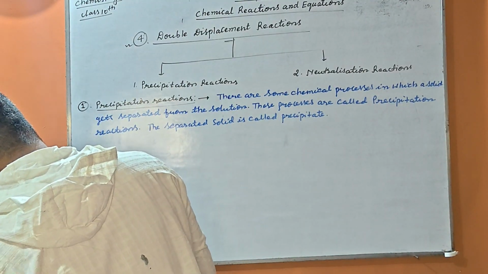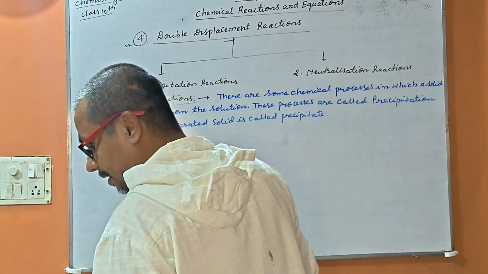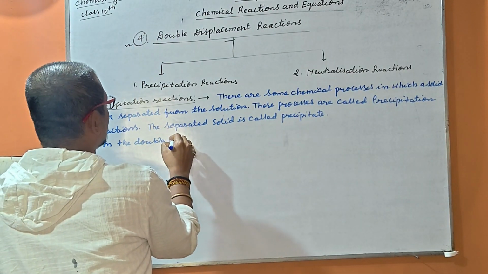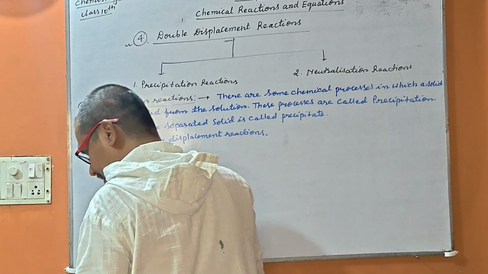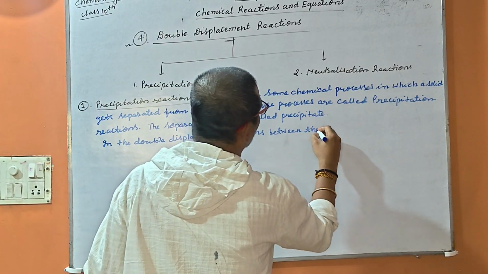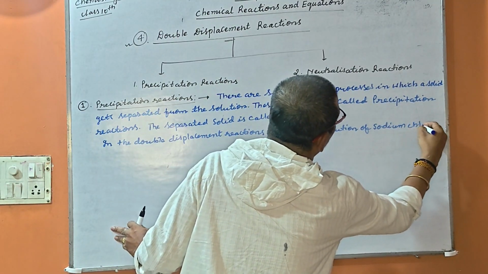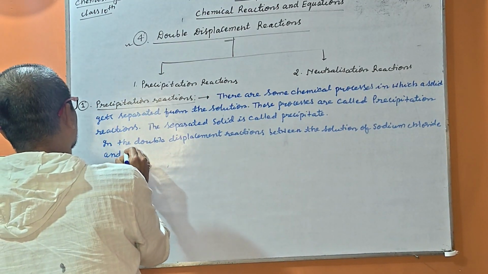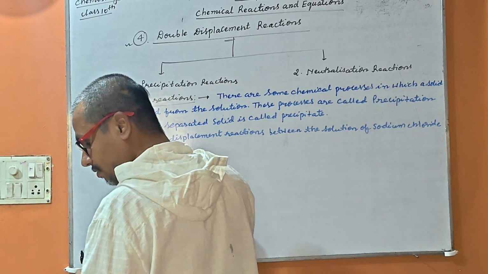In the double displacement reaction between the solutions of sodium chloride and silver nitrate, the formula is AgNO3, silver chloride is obtained as a precipitate.